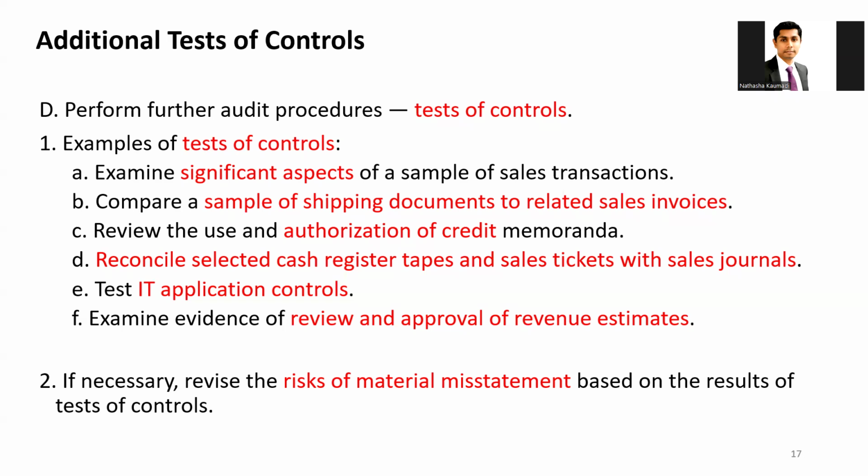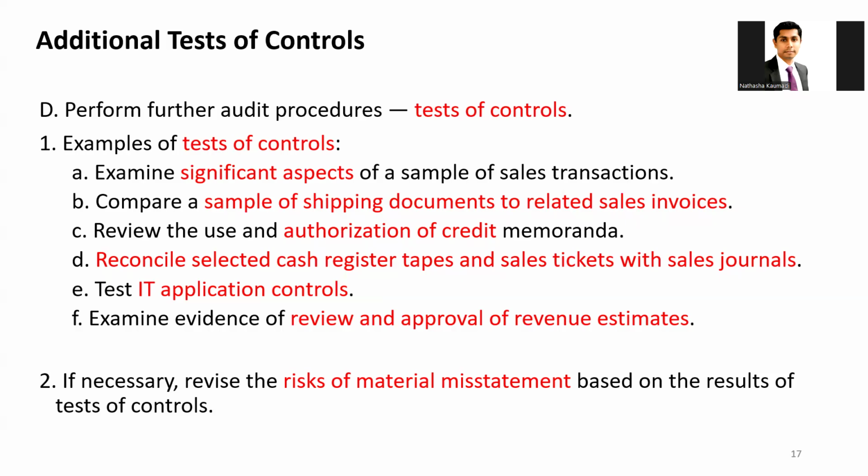And then reconcile selected cash register tapes and sales tickets with sales journals. You are trying to take some transactions from the sales journal, and then you are going to cross check with the documents. And then testing IT application controls.